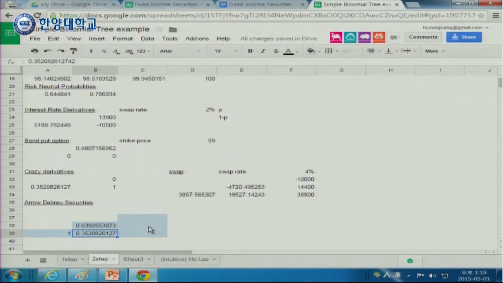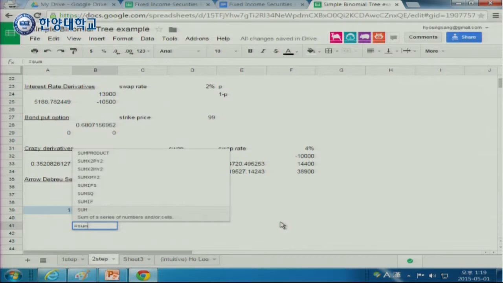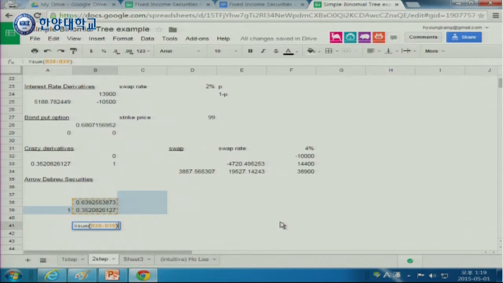The Arrow-Debreu security that pays $1 if interest rate goes up has a value of $0.64. If interest goes down, the Arrow-Debreu security is $0.35. So a risk-free asset that pays $1 is simply the sum of these two, right? Because if I have both Arrow-Debreu securities, then I can receive $1 whatever happens. And the value of this one is the sum, right?